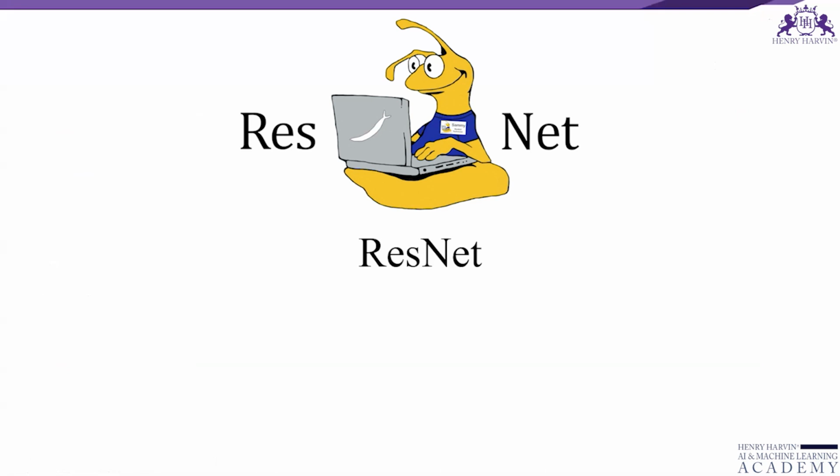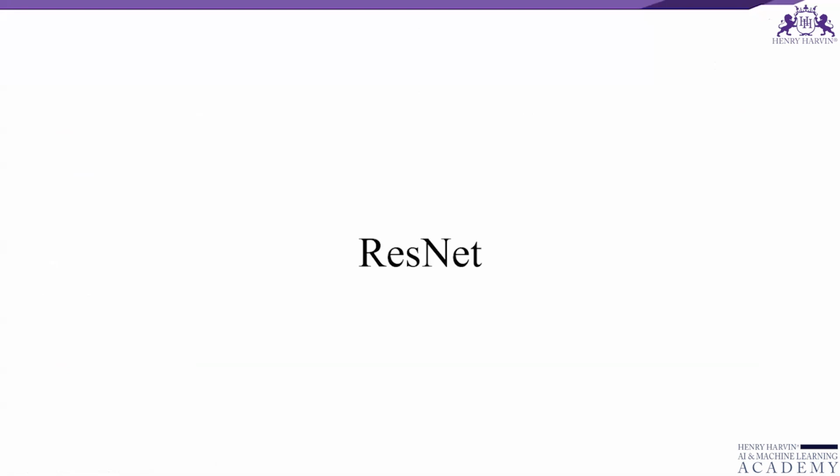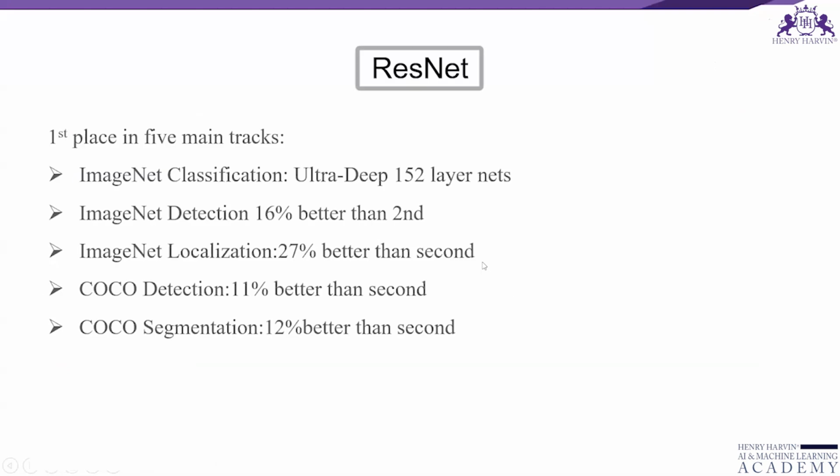So in 2015, it was a major breakthrough. There was a residual network, which is called ResNet, and they were the winners of the 2015 ImageNet competition, and they got a very low error rate. They achieved first place in 5 main tracks of ImageNet.